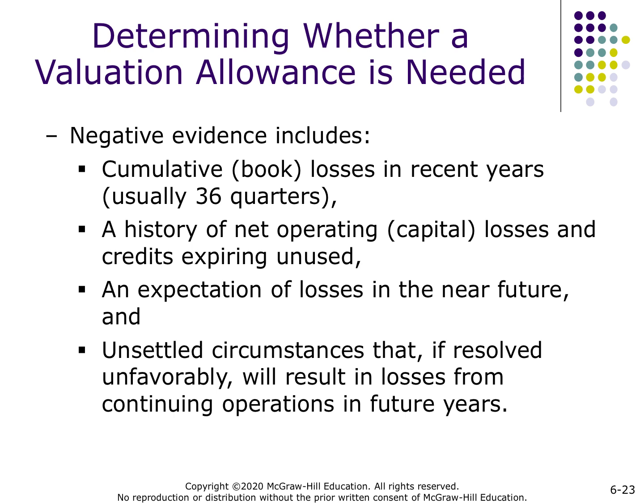Losses, and you'll notice that losses in recent years, right? Capital losses, expectations of losses, okay? Unsettled circumstances, so any kind of legal situation, okay? Or a contract negotiation that doesn't look like it's necessarily going to go favorably, all right? Those could all impact whether a valuation allowance is needed. Because if you don't have taxable income, then the value of your deferred tax asset is significantly less.